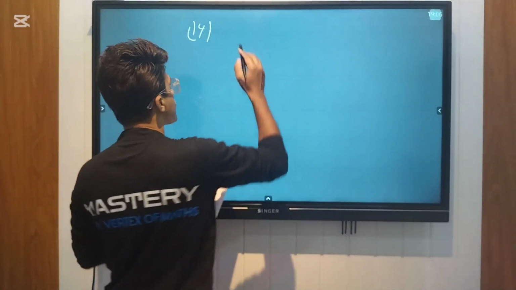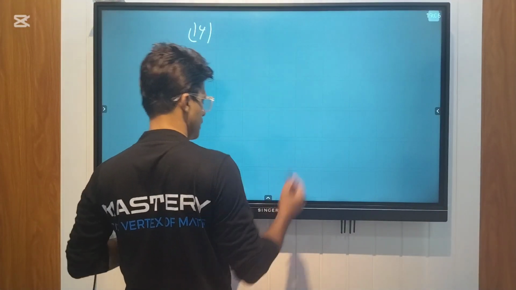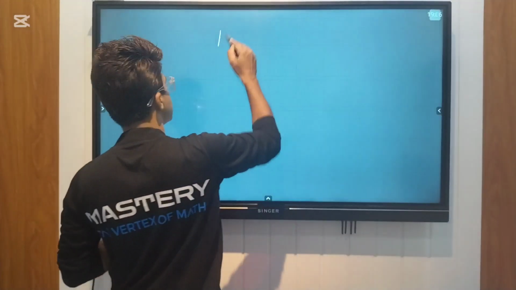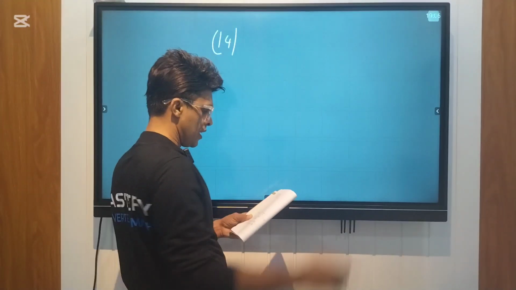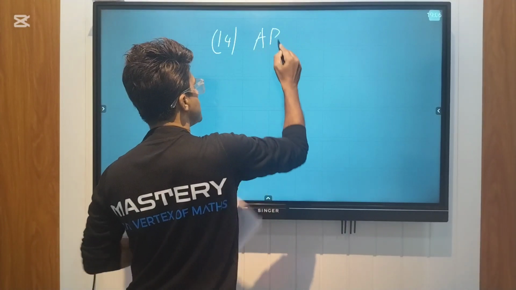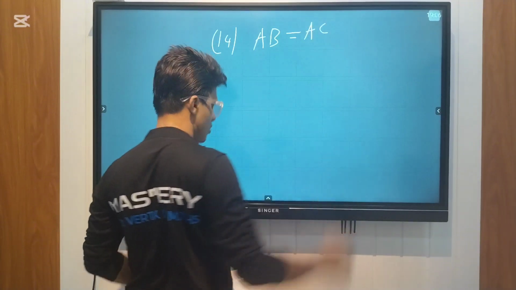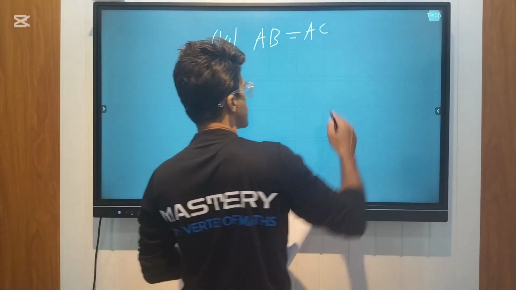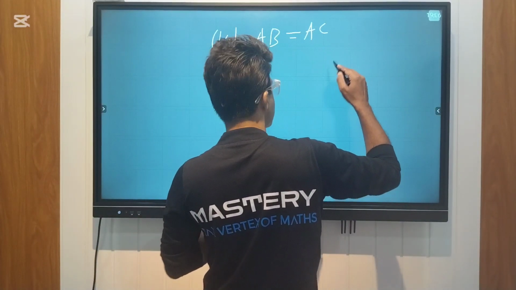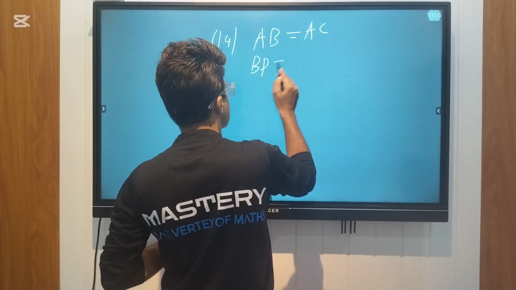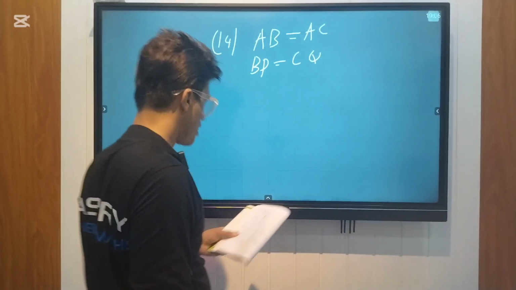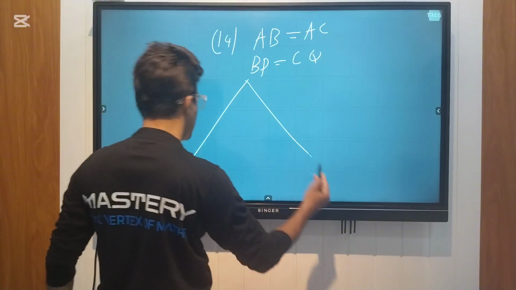In the 14th question, it has given that AB equals AC. I'll draw the diagram. It also says that BP equals CQ.